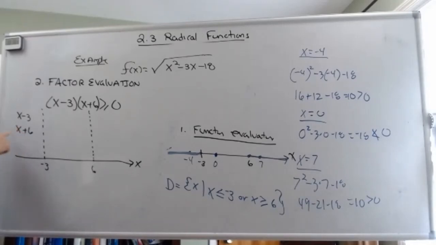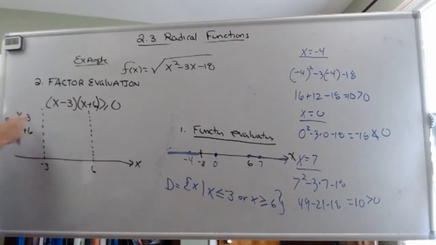Then what I'm going to do is evaluate each of those individual factors for a value of x to the left of -3. So for example, if I put a number to the left of -3, this is x plus 3.